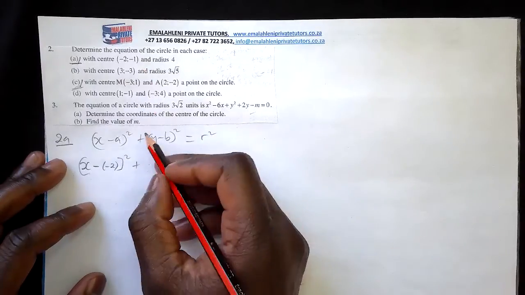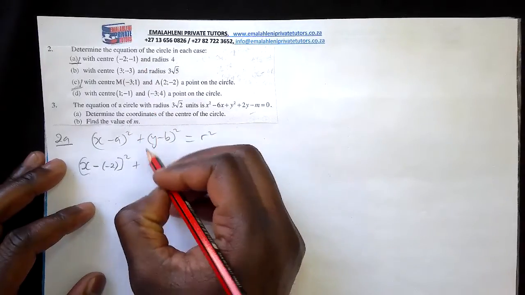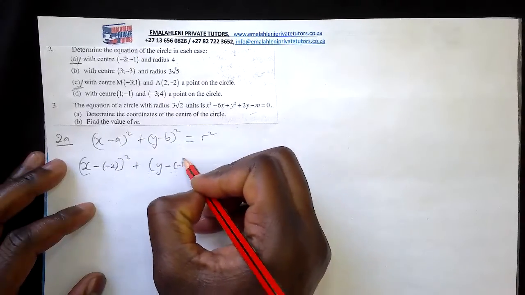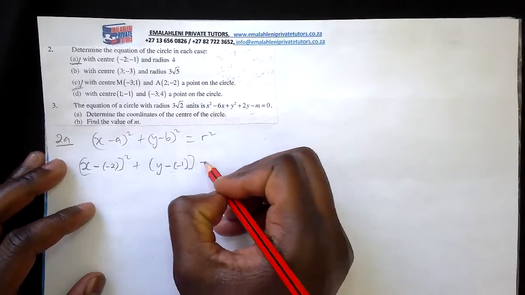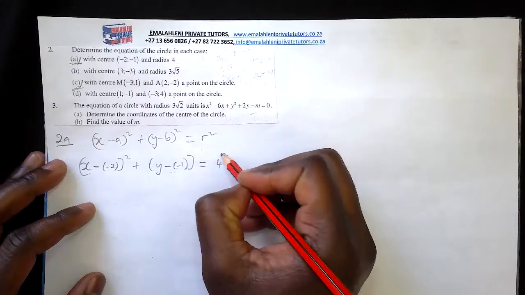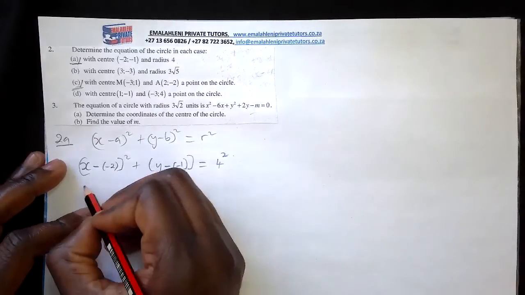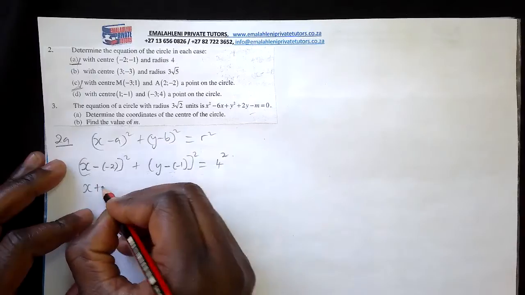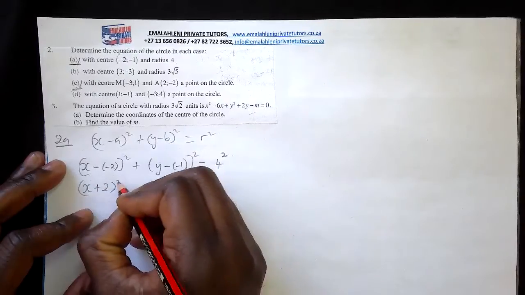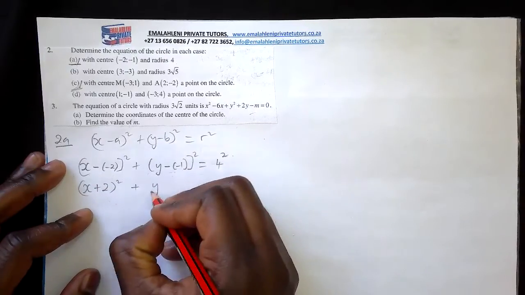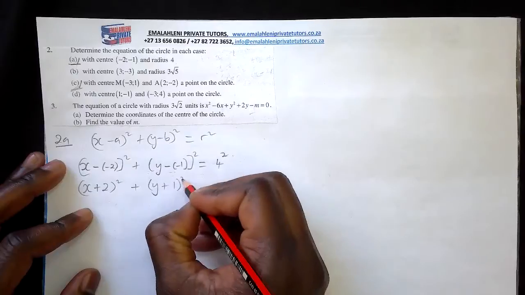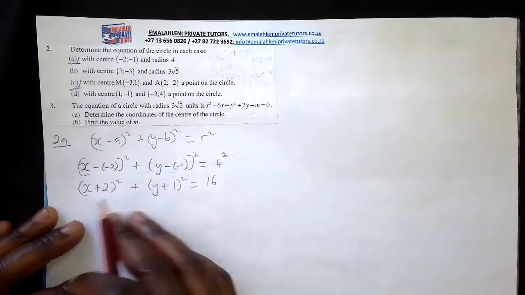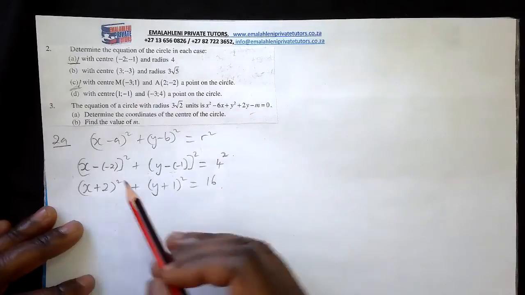Plus, what do we have there? y minus 1 is equal to 4 squared. Then here we're going to say x plus, okay, that's what we have. That's our answer there. That's the equation of the circle which we want.